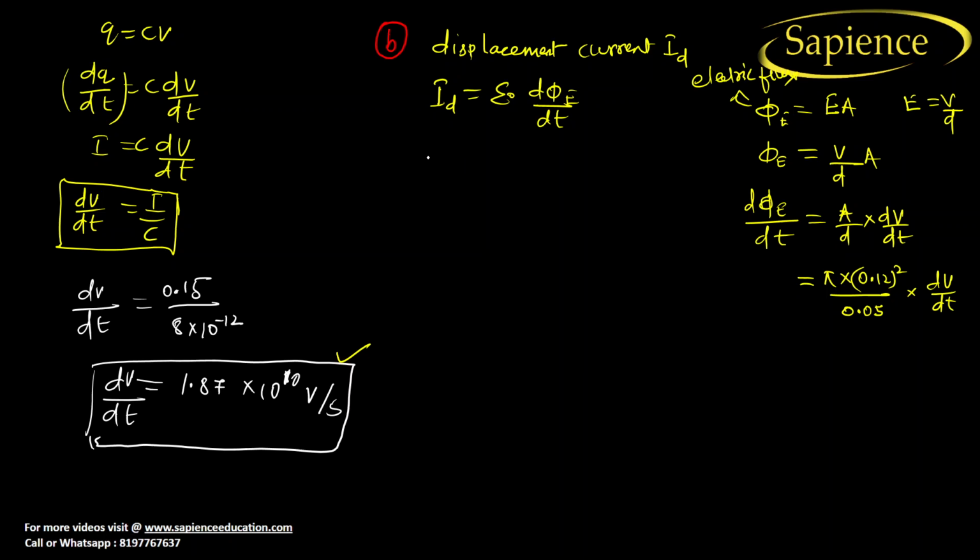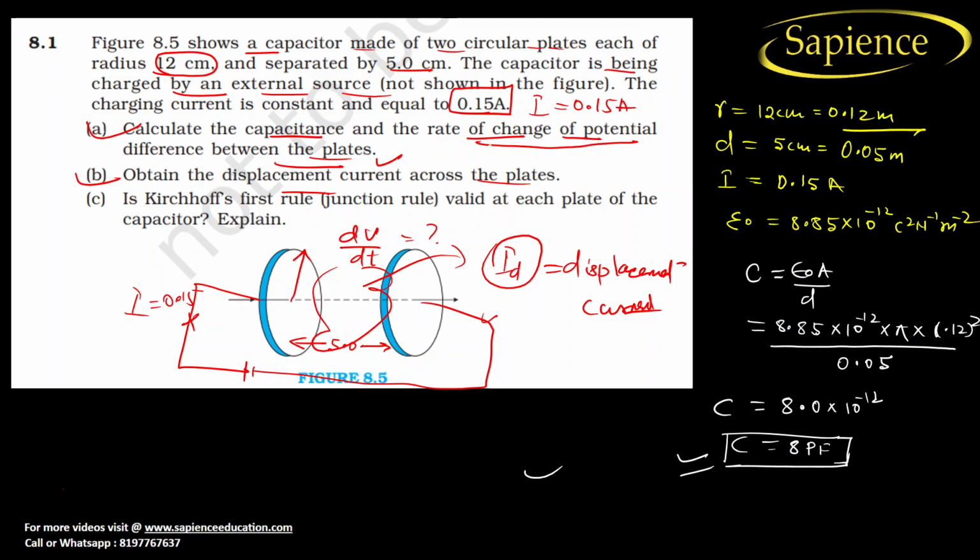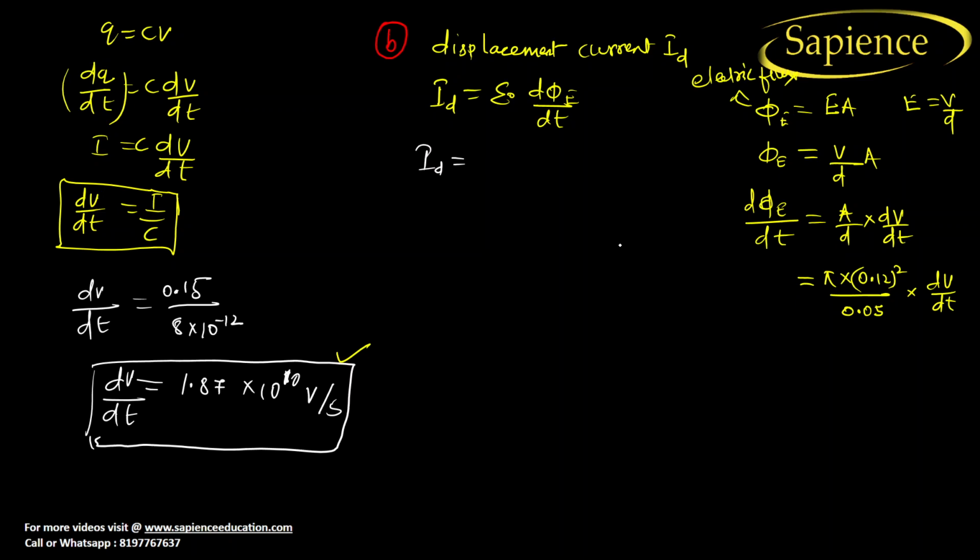So let's start putting this in. From here i_d, that is the current, will be equal to epsilon naught. The value of epsilon naught is 8.85 into 10 to the power minus 12. So put the value: 8.85 into 10 to the power minus 12 into dΦ_E by dt, which can be rewritten like this.